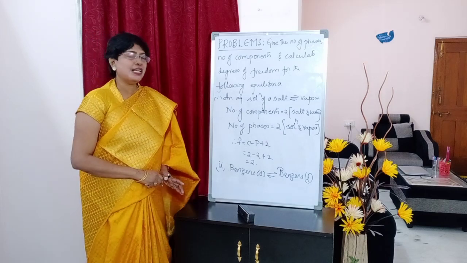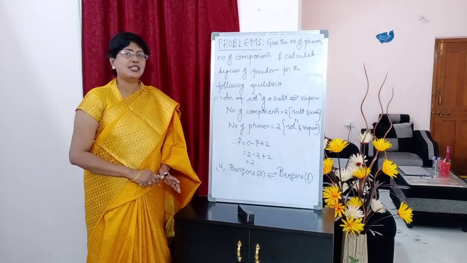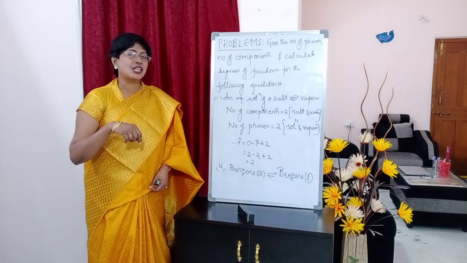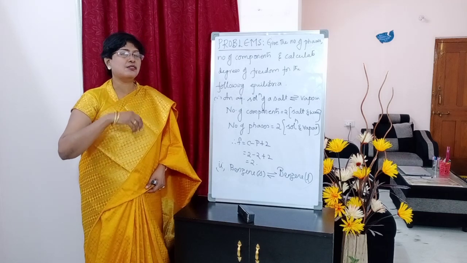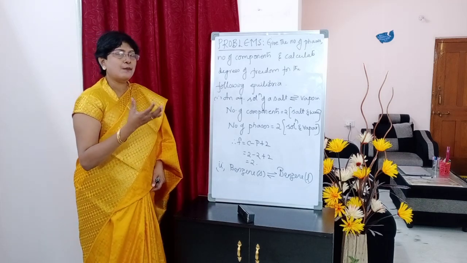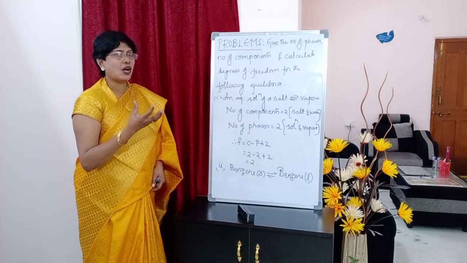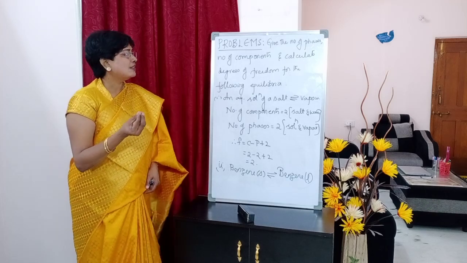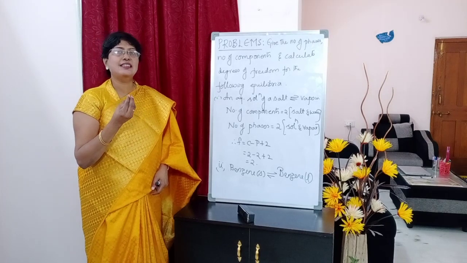Number of components also will be 2. What are the 2 components? See, it is the salt solution, completely dissolved, aqueous solution of salt. That means one component is of salt and the other is of water. Okay. So there are 2 components in this equilibrium.